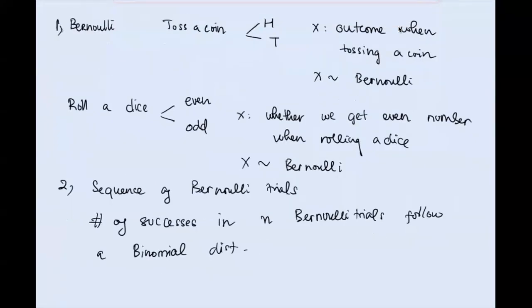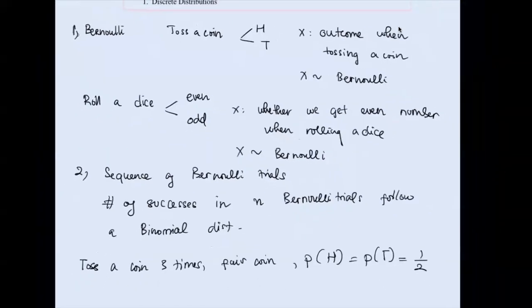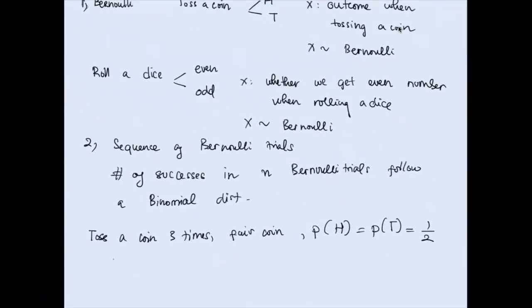So an example is when you toss a coin 3 times, and let's say that the coin is fair, then the probability of getting head equals the probability of getting tail at each trial, which is 1/2. Then in this case, n equals 3 and denotes the number of trials.